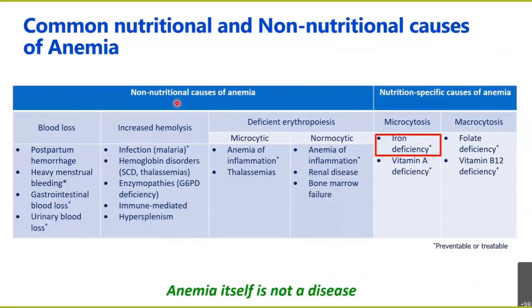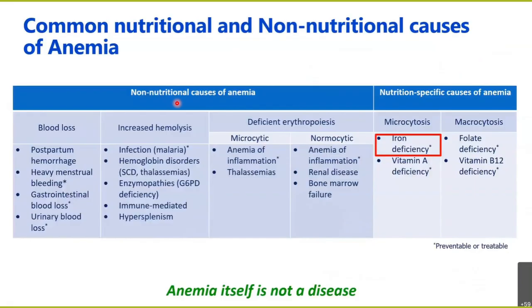Like there is a leukemia, there is myelofibrosis, there is metastatic deposit, or there is aplastic anemia. By all this, what happens, marrow is not able to produce enough RBCs, hence there is anemia. Or there is a chronic inflammation because of which the RBCs are not being able to be produced. So then there can be anemia. So these are the various causes of anemia.